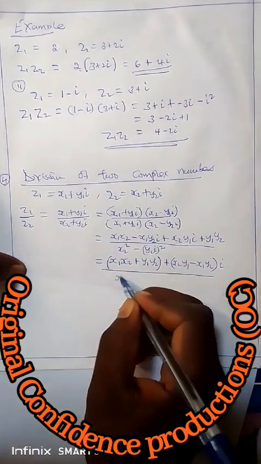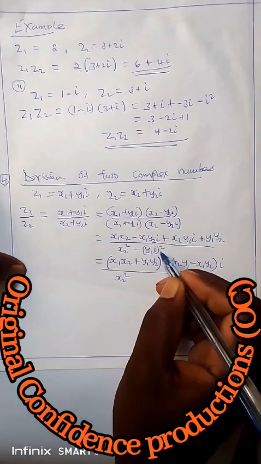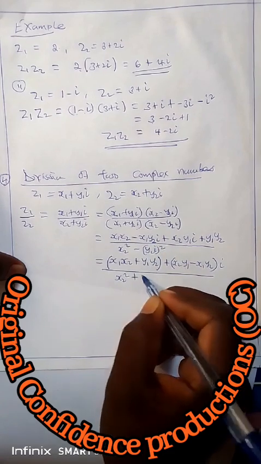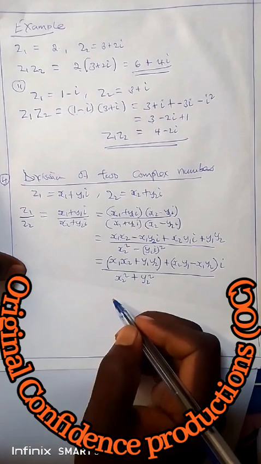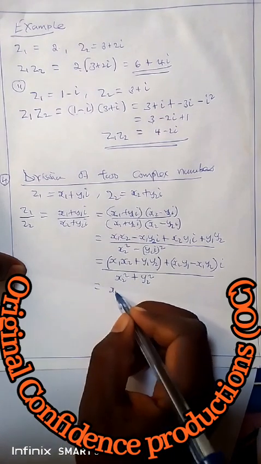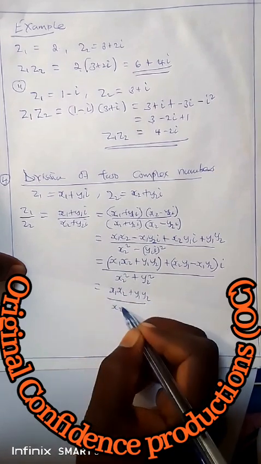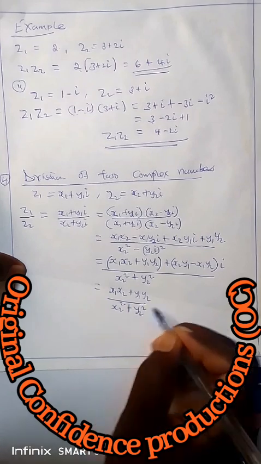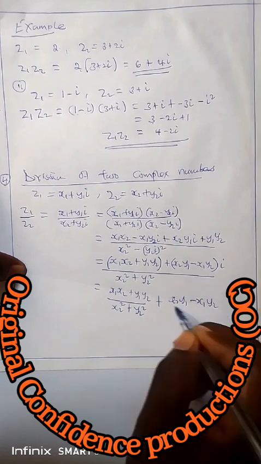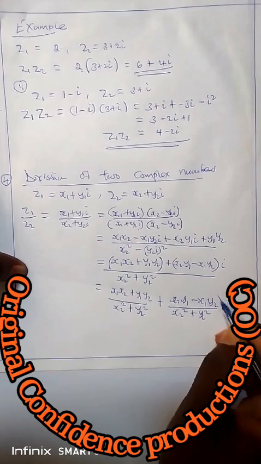This part here is x2 squared, and there is i squared here, which is already negative 1, so it cancels the minus to plus, and y2 i remains squared. So we shall have x1 x2 plus y1 y2 over x2 squared plus y2 squared, plus x2 y1 minus x1 y2 over x2 squared plus y2 squared, times i in this case.